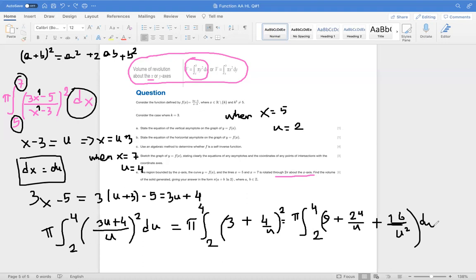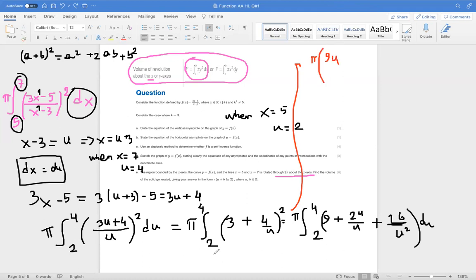And so in this case, let's just do it this way. Then that will be pi. So look, you can do it this way, from 4 to 2, it will be 9u, right?